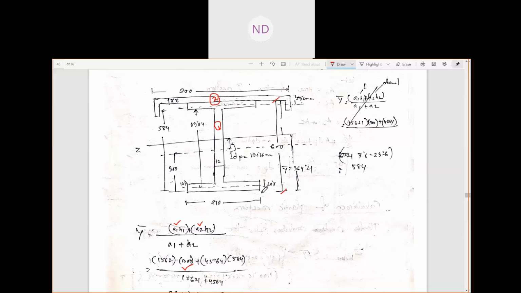Now what will be the CG of this? We know the CG of this channel section particularly when it is used singly, that means separately, is from here to here.